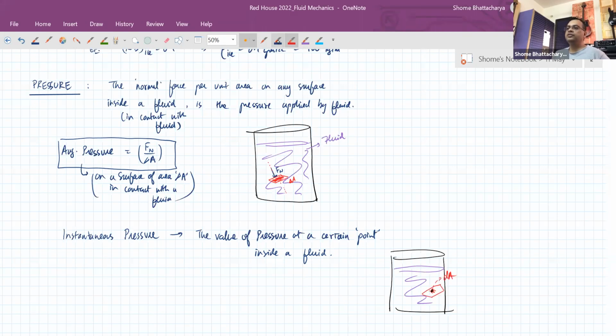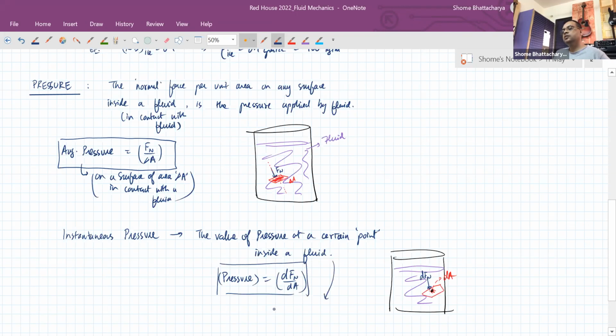That small differential area will be experiencing a small amount of normal force. So the instantaneous pressure, or the pressure at a point, will be defined as that normal force per unit area acting on a differential area at that given point.